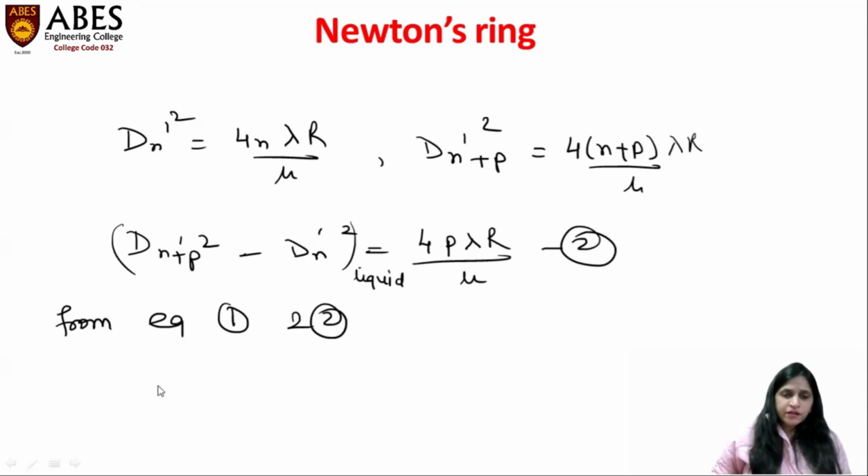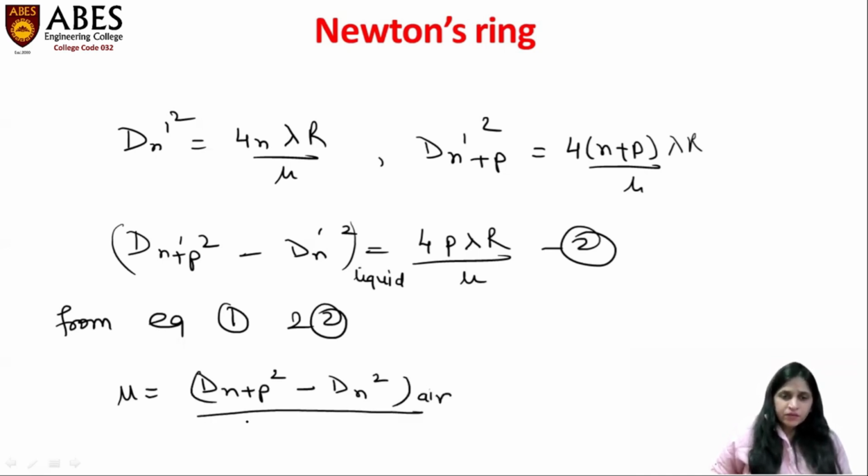We get μ is equal to (Dn+p square minus Dn square) of air upon (Dn+p' square minus Dn' square) of the liquid.